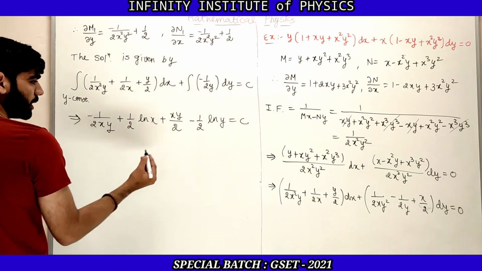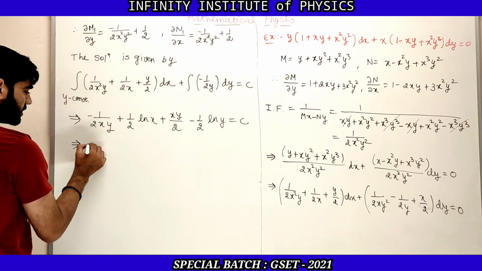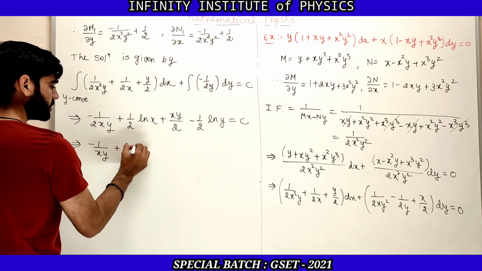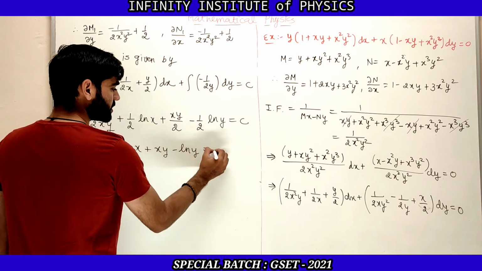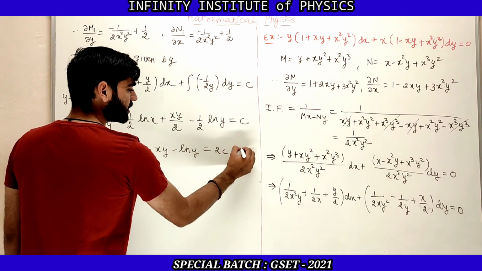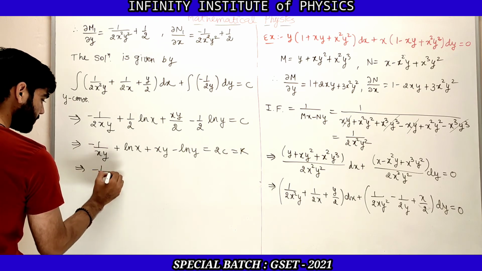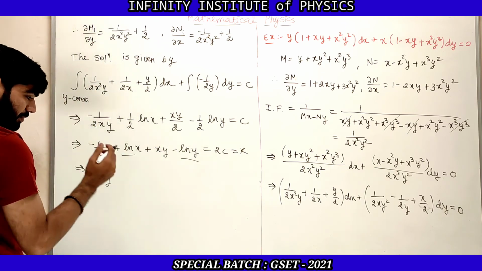Now let us take 1 by 2 common from all of these terms, and let us take that 2 on the right hand side, then it will be minus 1 by xy plus ln x plus xy minus ln y, which is equal to 2c, and let us give it as another constant k. Now consider these two terms, ln x minus ln y.